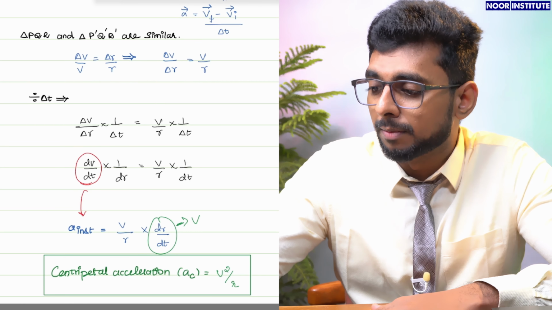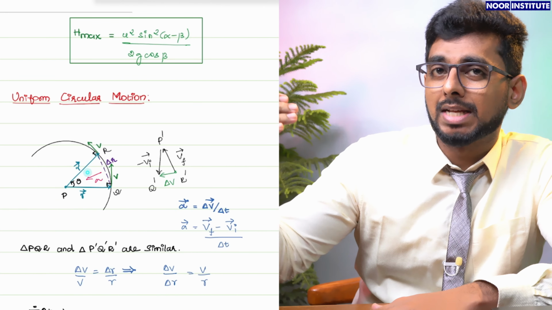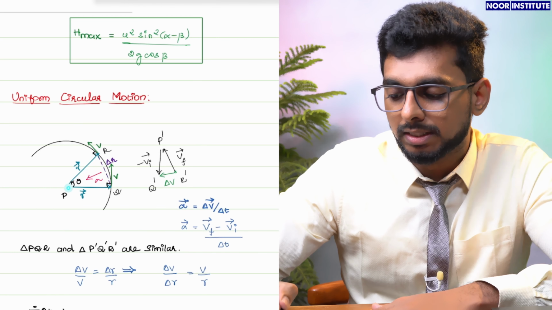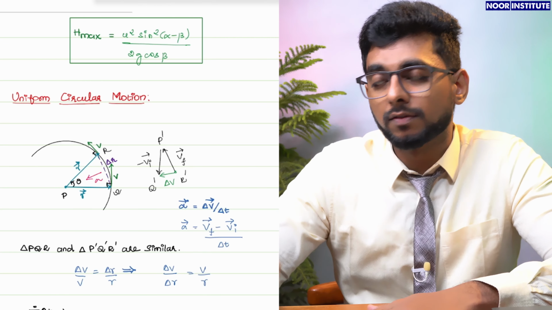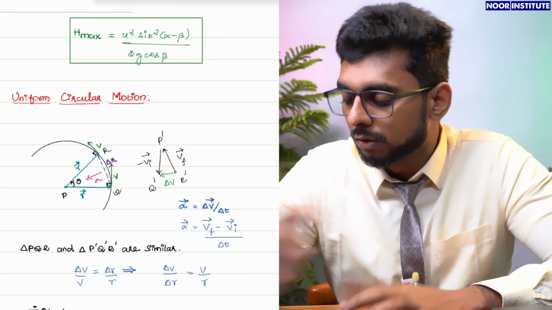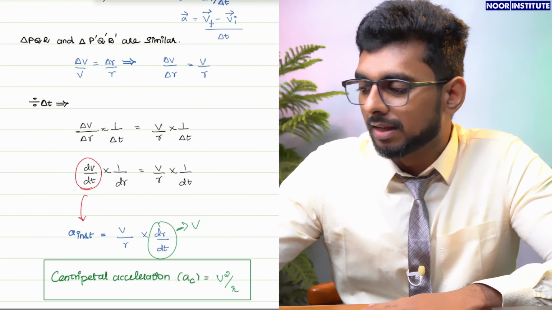Now I have found the magnitude of the centripetal acceleration. Already, we know that the acceleration is directed towards the origin, which means to the center in this case. The magnitude of that centripetal acceleration will be equal to v square divided by r. That's what we have found over here, right? You should be clear with this one. To get this centripetal acceleration, what we did is we took two similar triangles.